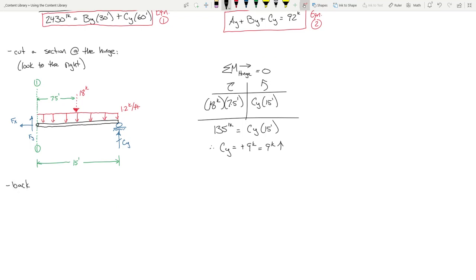Back to equation 1. So BY times 30 feet plus CY times 60 feet is 2430 foot kips. So BY times 30 feet plus 9 kips times 60 feet is 2430.